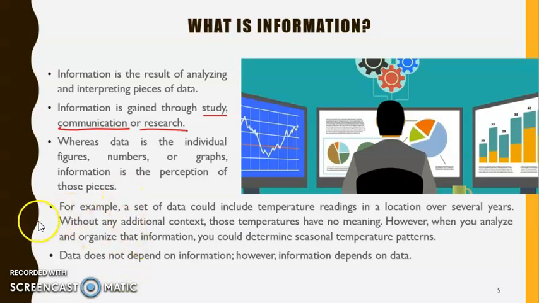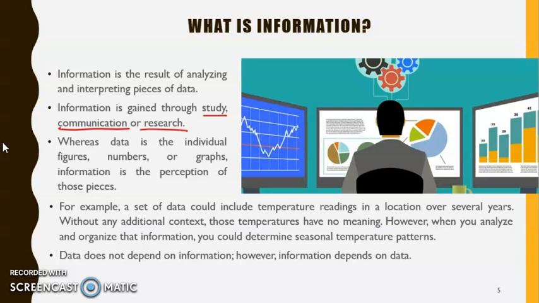For example, a set of data could include temperature readings in a location over several years. For example, we have temperature in Alabama, in Birmingham, for 50 years. Without any additional context, those temperatures have no meaning because they are just some numbers.